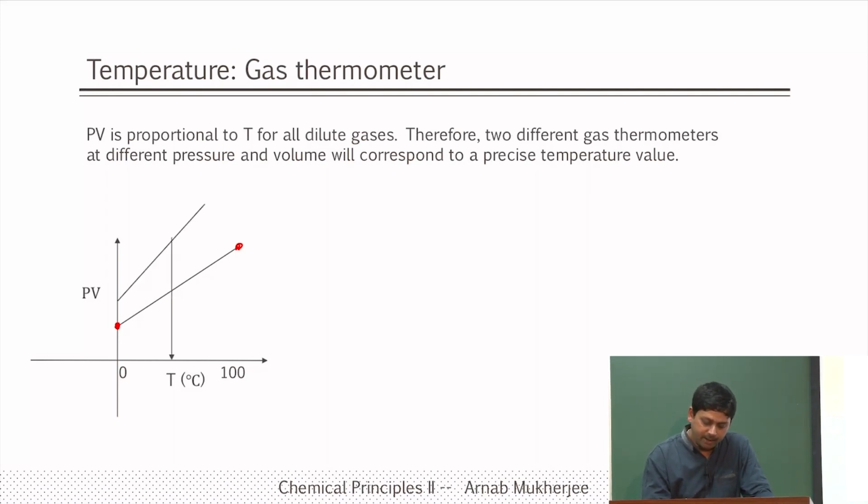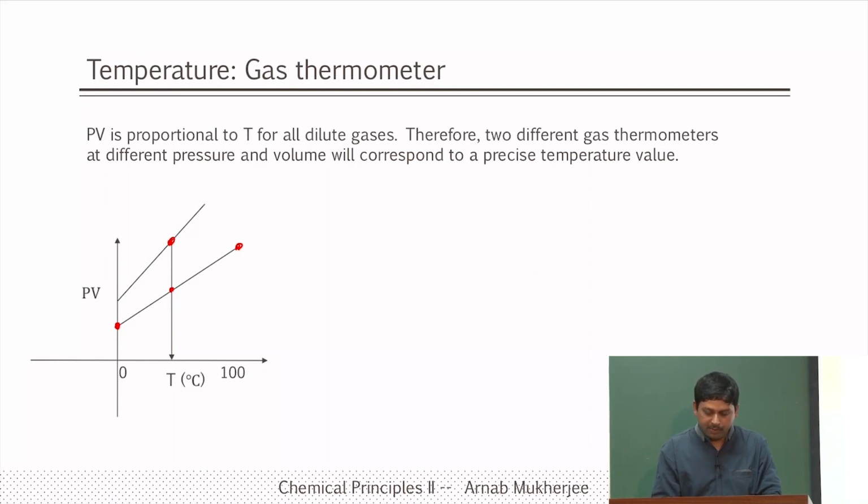At any given intermediate value of PV one can have a measure of the temperature, and that is possible because we are talking about a very dilute gas, and this dilute gas follows a linear behavior with respect to temperature.